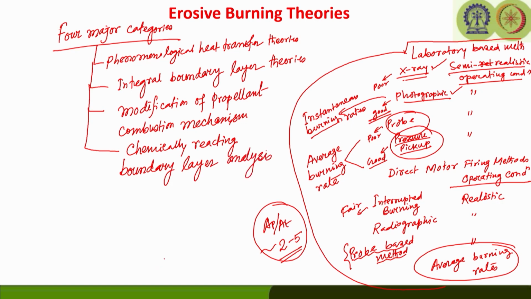Although these four major groups are given in literature, because of the simplicity of the analysis, we will just give importance to the discussion of the phenomenological heat transfer based theories, because these were well popularized and widely used.